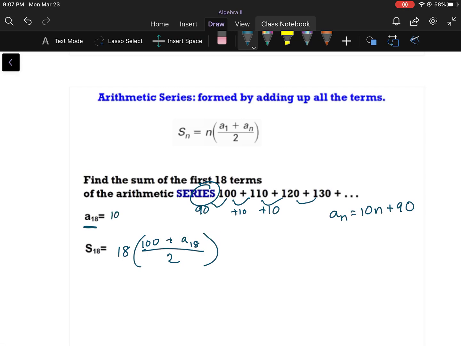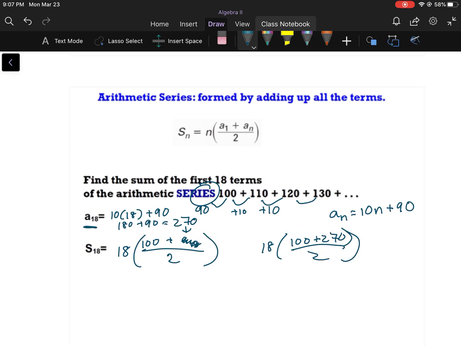How does that help me out? Well, I'll just go 10 times 18 plus 90. So that's 180 plus 90, 270. So that 18th term gets replaced with 270. Then divide by 2 and then multiply by 18.